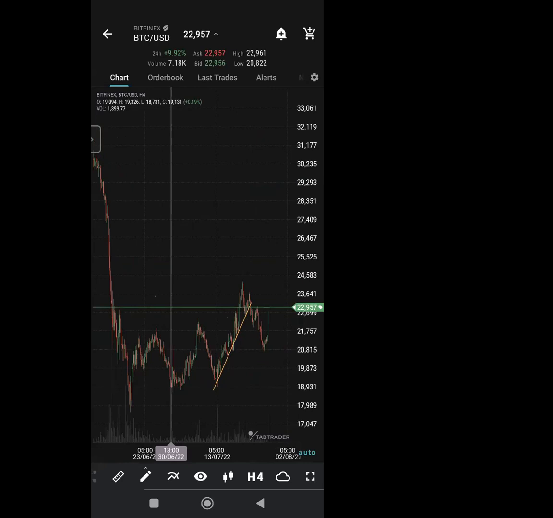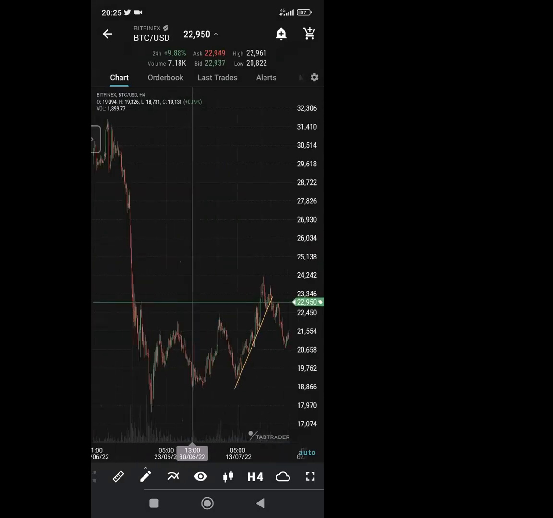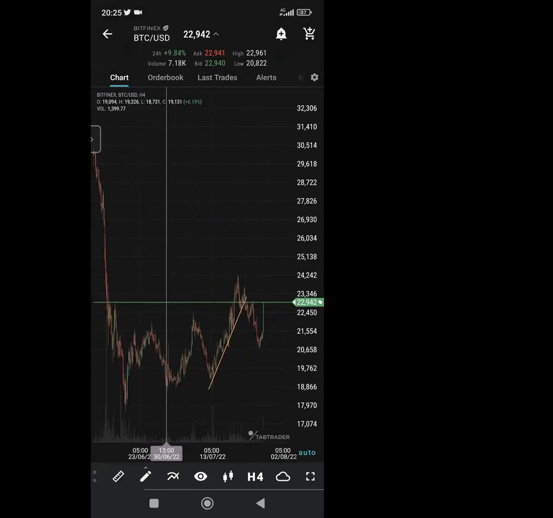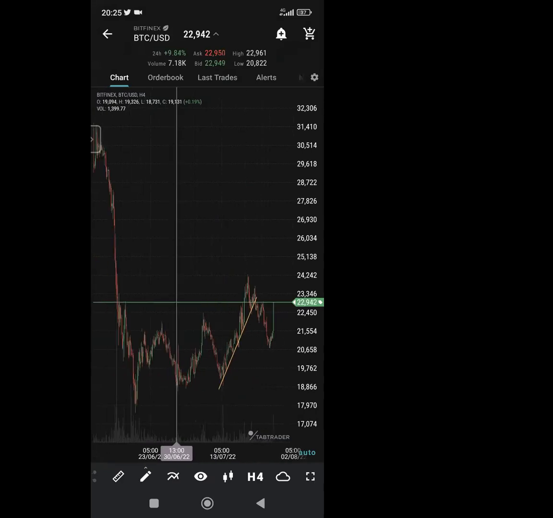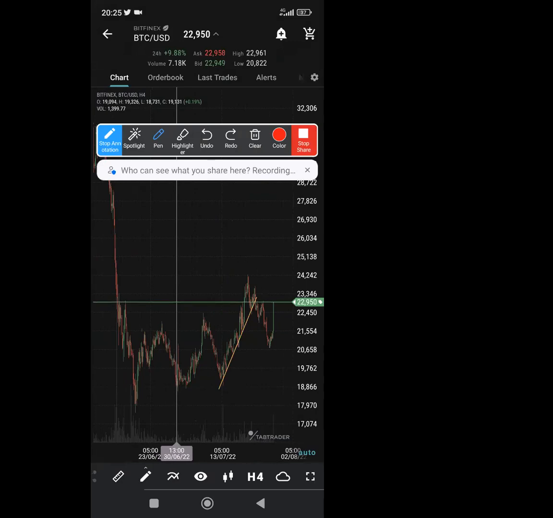So market structure, number one, is for you to know the trends, and know when to enter. An uptrend is something that moves like this: higher, higher, higher. It's going upward.